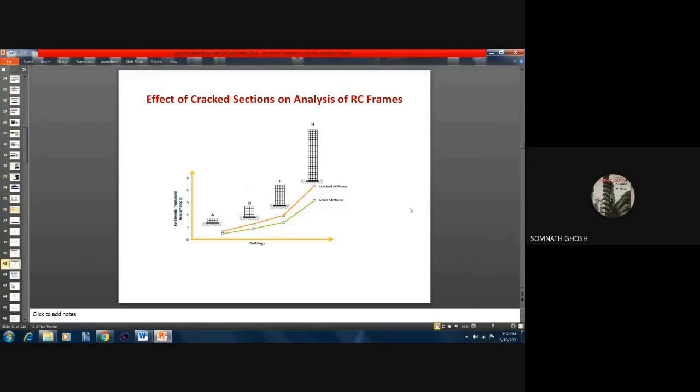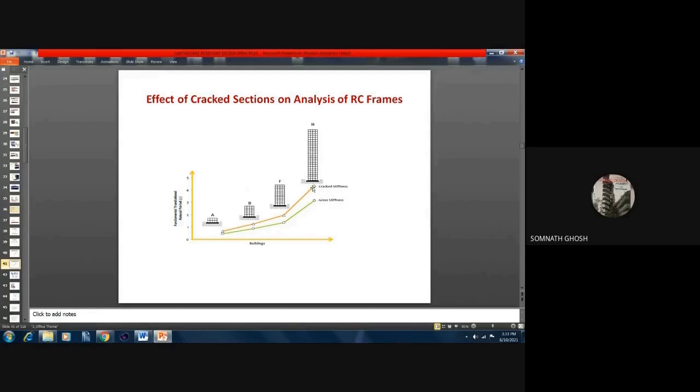You see, if you consider the gross stiffness of the entire column, and if you consider the cracked stiffness, see how the time period is changing for different types of building. This is a very slender building.